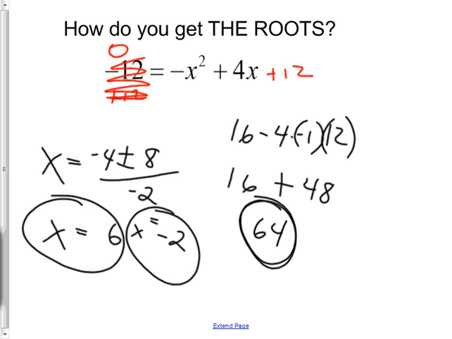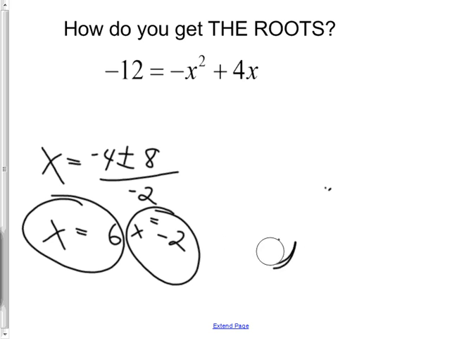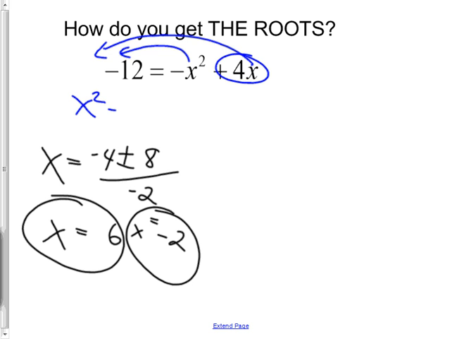But you just said you should really have actually gone the other way and put all this stuff over here. Why? Then the lead coefficient won't be negative anymore. Then it'll just be positive x squared minus 4x minus 12 equals 0. And then you can factor it really easy.